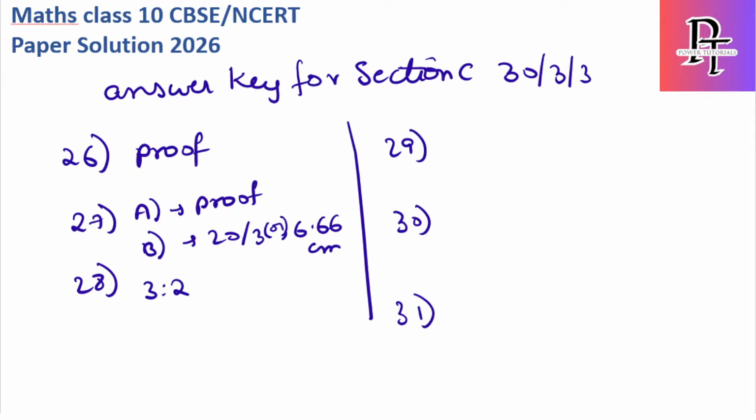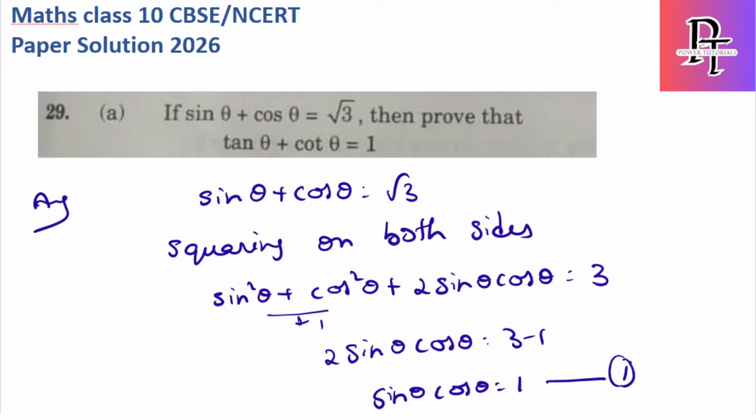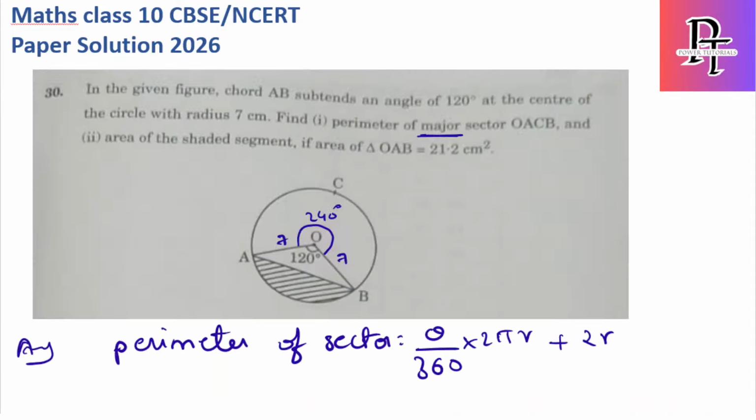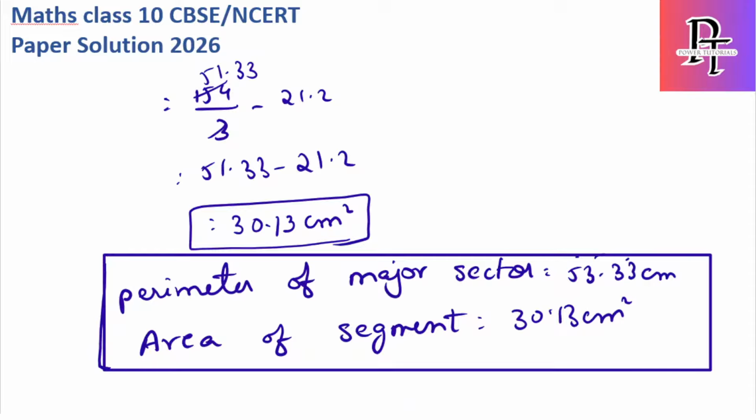Okay, 29th. Again a proof question. Okay, and write it as proof. 30th question: 53.33 and 30.13.